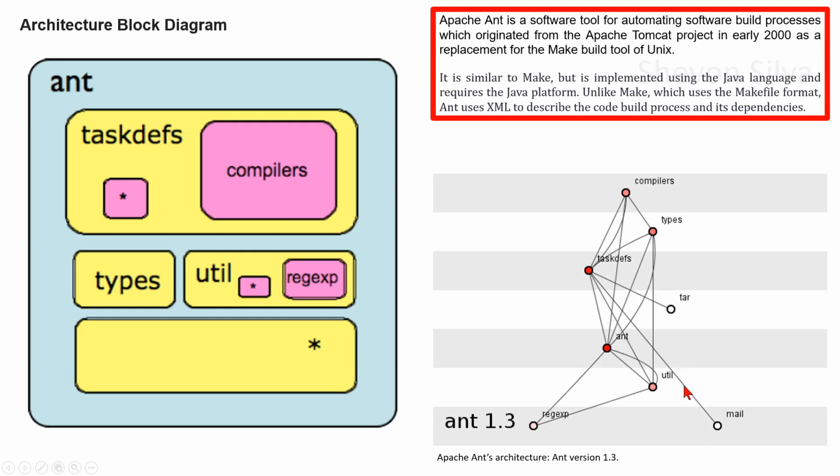Here you can see the Ant version 1.3 in Apache Ant's architecture. Another head-to-toe wardrobe change sees Ant go all vertical. The wave of packages that invaded version 1.2 have been repelled, and in their place compilers and Util help cement a pretty crystalline structure.